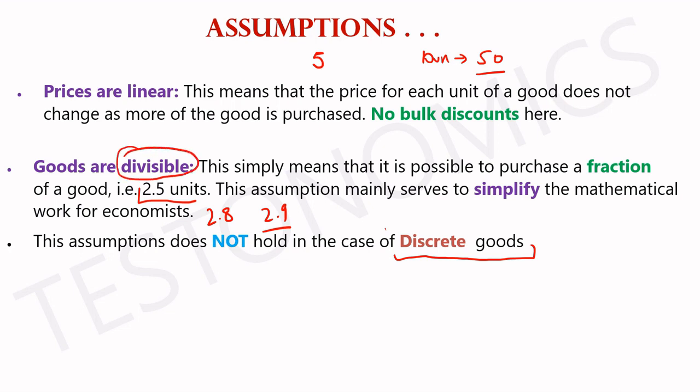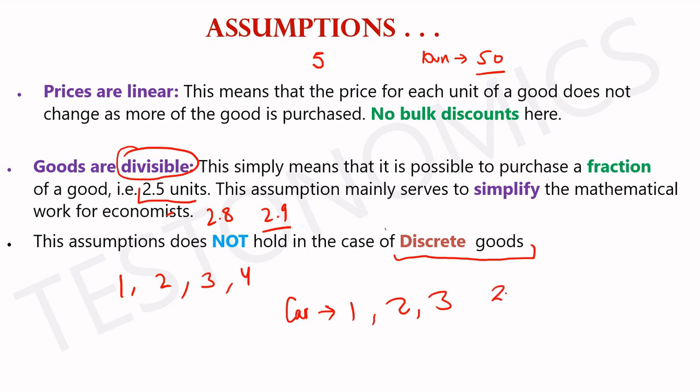So what are discrete goods? If you recall this from our classes on the course 1, you would know a discrete number means something which is of this sort, right? So similarly, a discrete good is a good which is available only in integer amounts and not in decimals. For example, if you are discussing the case of a car, you can either have 1 car, 2 cars or 3 cars.